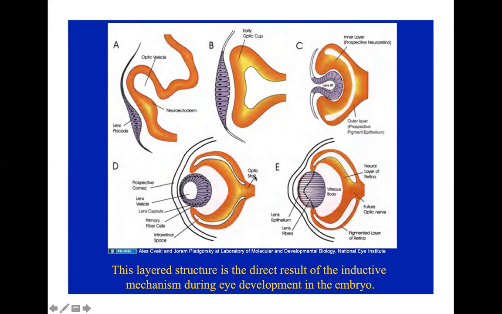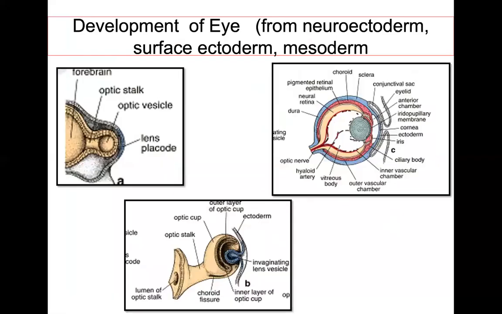The optic stalk, in the succeeding development, forms your optic nerve, and this is invaginated by your blood vessels, your hyaloid artery and your central retinal artery. So this is how the embryology of the eyes is processed.